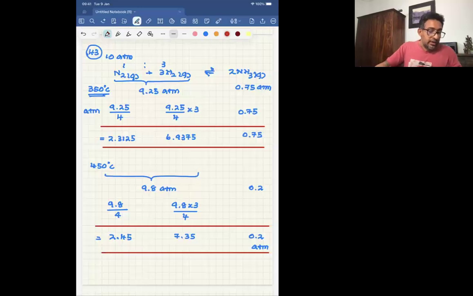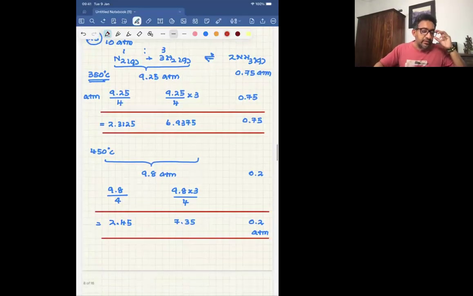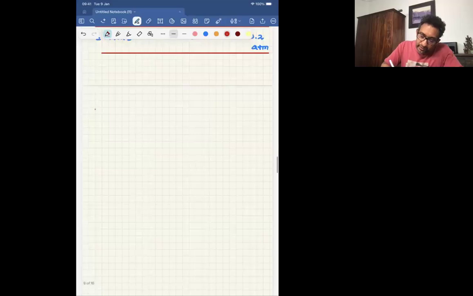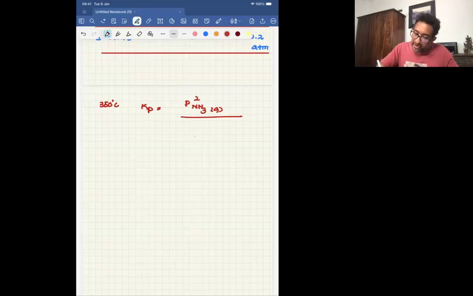Calculate the Kp for the reaction at both temperatures. At 350 degrees Celsius, Kp is equal to the partial pressure of ammonia squared, divided by the partial pressure of nitrogen times the partial pressure of hydrogen to the power 3.